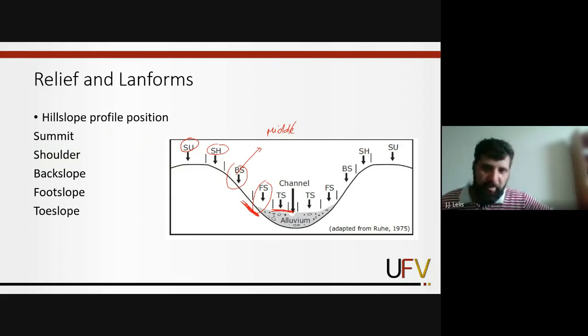The toe slope is that area where we can identify a lot of alluvium or colluvium, a lot of material that was eroded from high areas, but the slope is very, very flat.